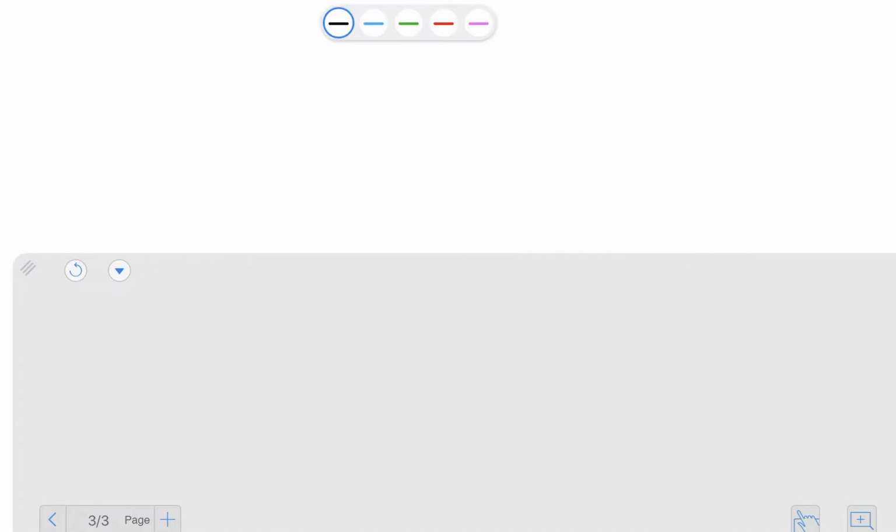So the first one that we're going to look at is the Cartesian product or the cross join.